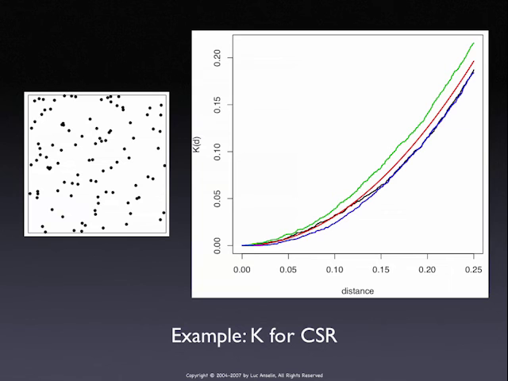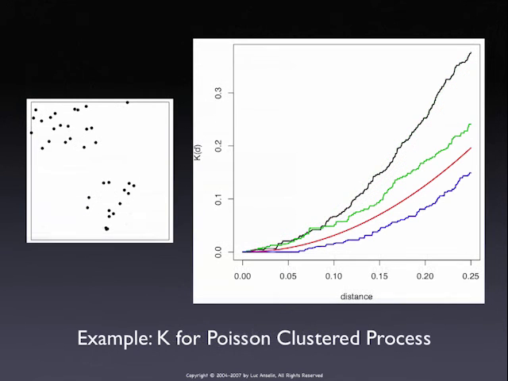The second example is our clustered pattern, our Poisson cluster process. And here again, we see that we move above the envelope. As the distances get bigger, these curves can get more erratic because of the greater variance.